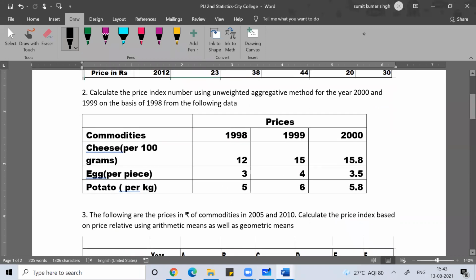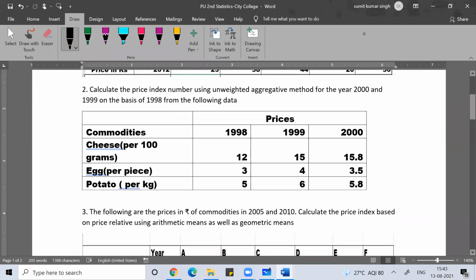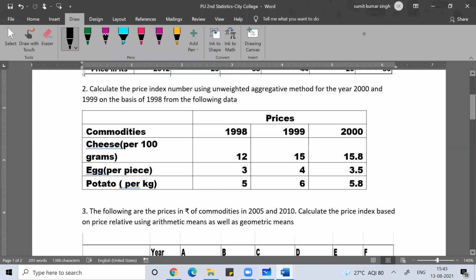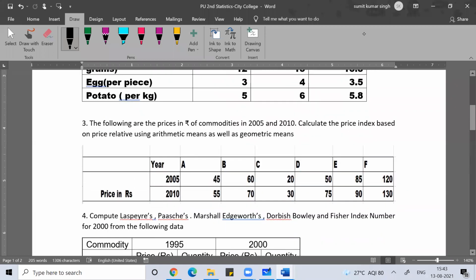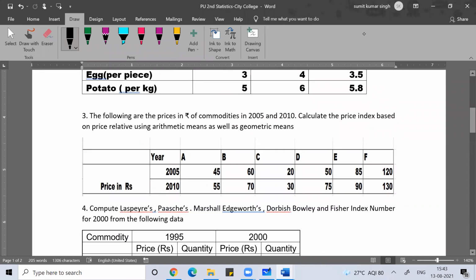The price index and unweighted aggregate method. Question number three: by using the arithmetic mean and the geometric mean, two years are given, 2010 and 2015, with six commodities.